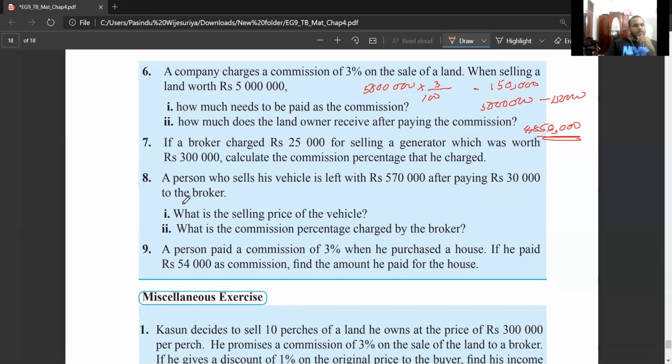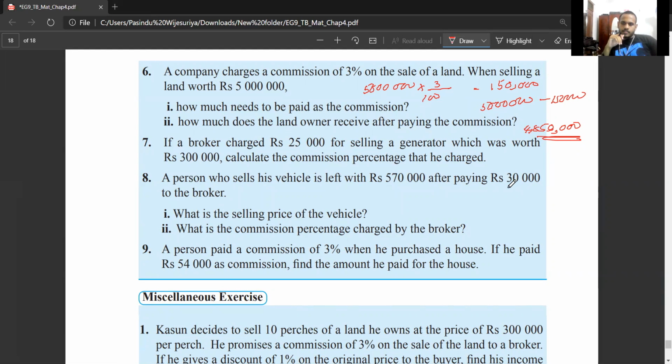Let's go to the 8th one. A person who sells this vehicle is left with this amount after paying 30,000 to the broker. What is the selling price of the vehicle? So selling price of the vehicle. විකුණන්නේ 570,000 after paying.